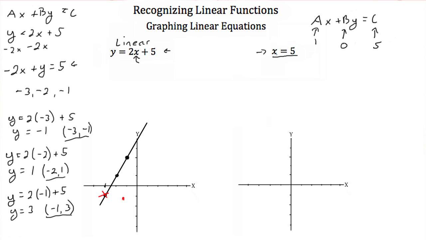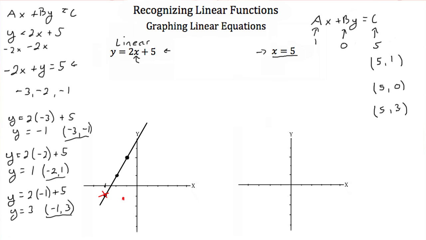Now to graph it, you have to realize that x is always equal to 5. So it doesn't matter what the y value is. In trying to find ordered pairs, you could pick any ordered pair you want. But x is always equal to 5. So the ordered pair (5, 1) would work, (5, 0) would work, (5, 3) would work.